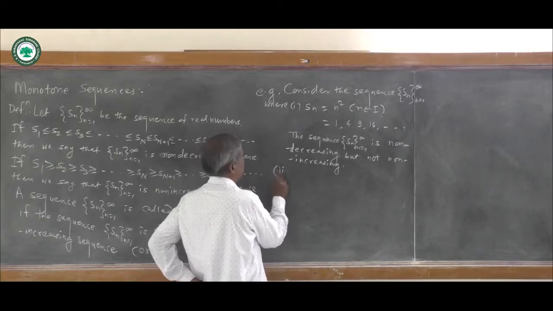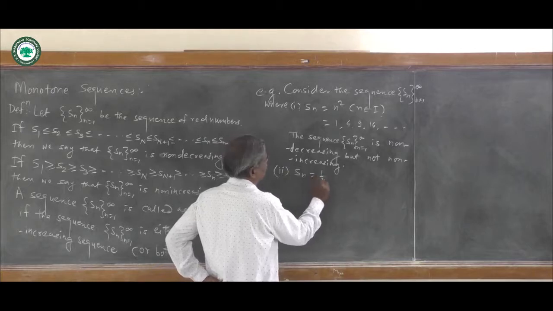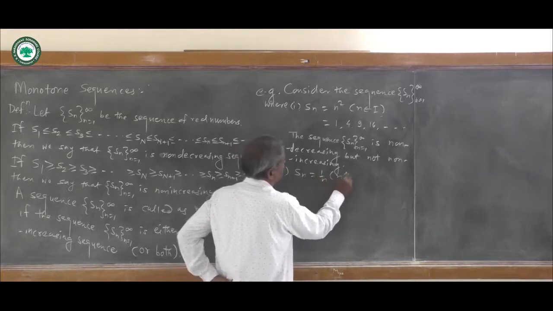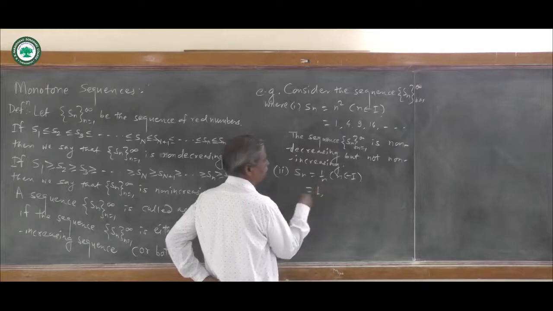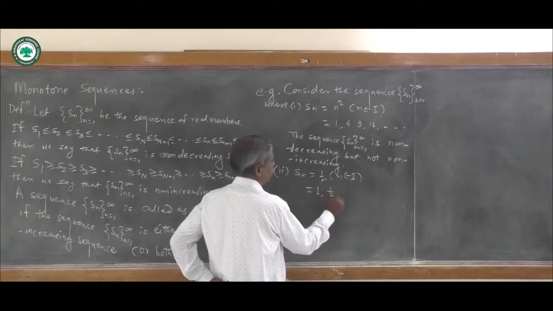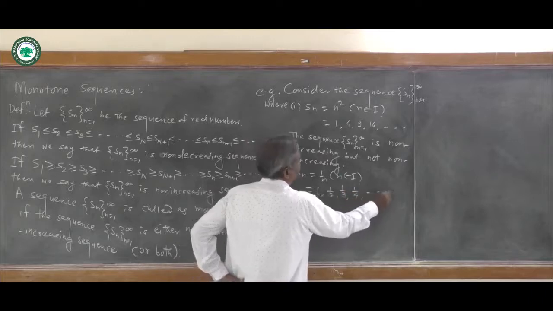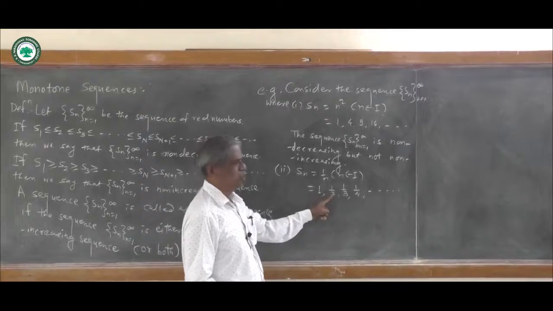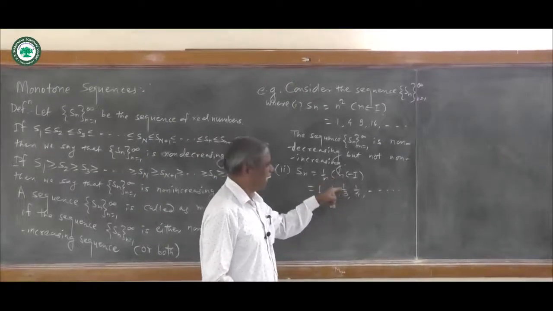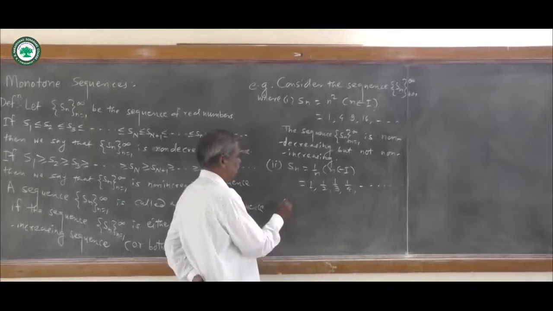Second example, S_n is equal to 1 by n for all n belongs to I. This is equal to, first term is 1, 1 by 2, 1 by 3, 1 by 4 and so on. S1 is greater than S2, S2 is greater than S3, S3 is greater than S4 and so on.